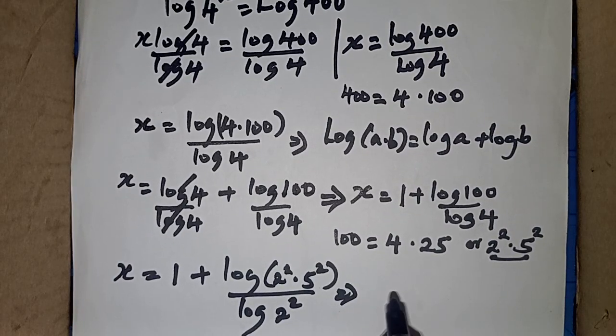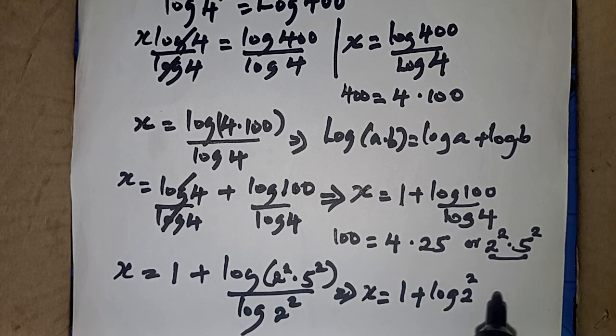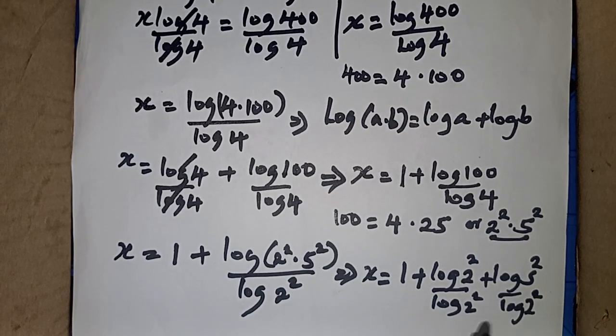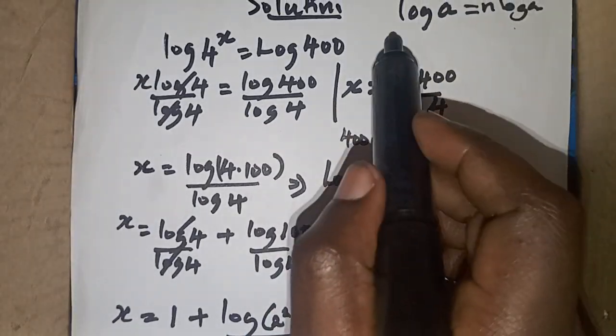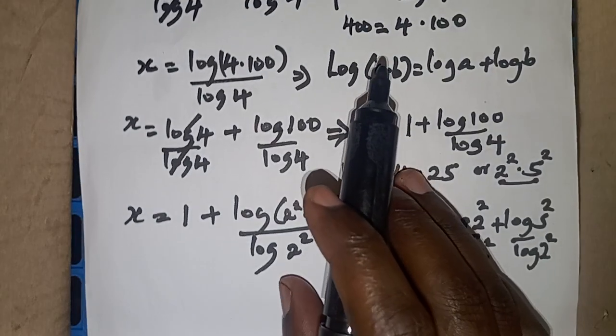So re-expanding further, x now becomes 1 plus the log of 2 to the 2 plus the log of 5 power 2, divided by the log of 2 squared. So the powers can come down according to this relationship.